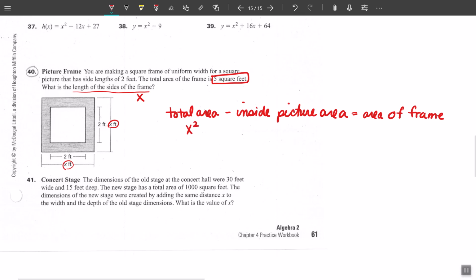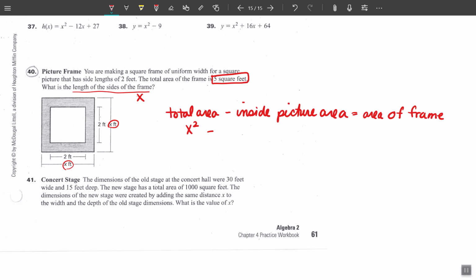We don't have a value for it, but x squared is an expression that expresses that total area. Now, from that x squared, we're going to cut the picture area out so that you can actually place the picture in there and see it. To find the area of that, we take this measurement of 2 and this measurement of 2 that they've given us and multiply them together.